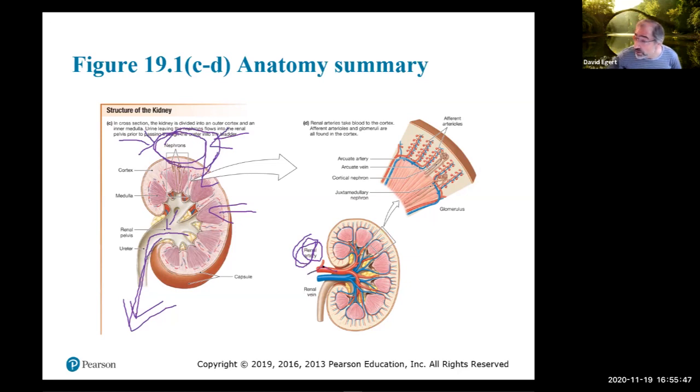This renal artery coming in is just going to branch and branch into 1 million little afferent arterioles that are feeding the 1 million little nephrons. So each nephron is going to be fed by a tiny little branch that originated from this renal artery. And again, by the end of all of the processing of the nephron, whatever's left over is going to be the urine that leaves.